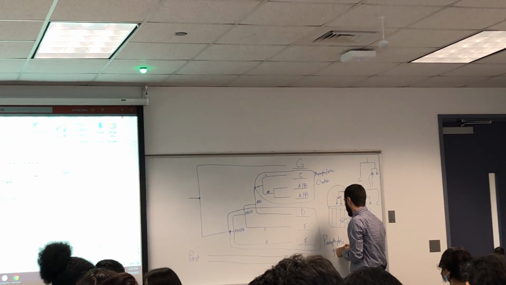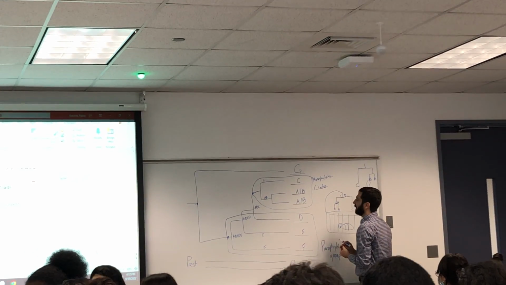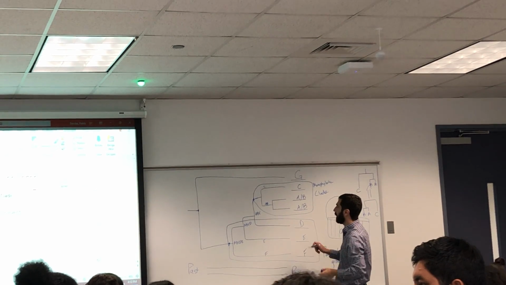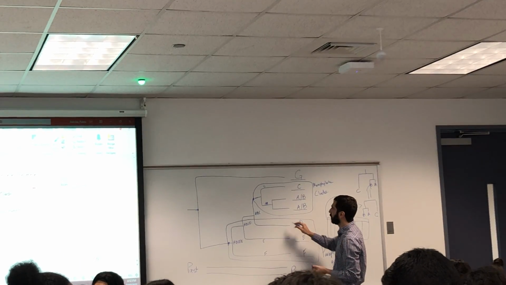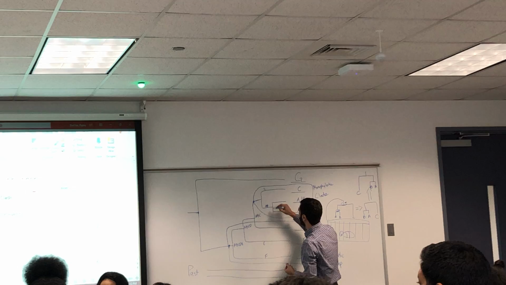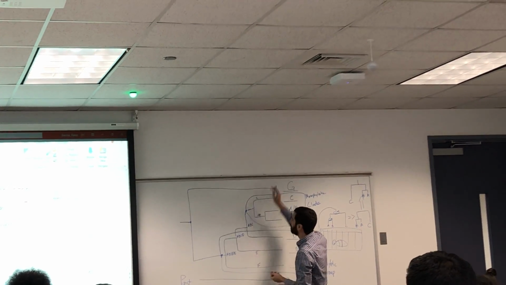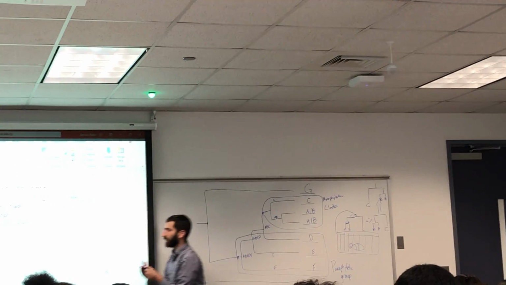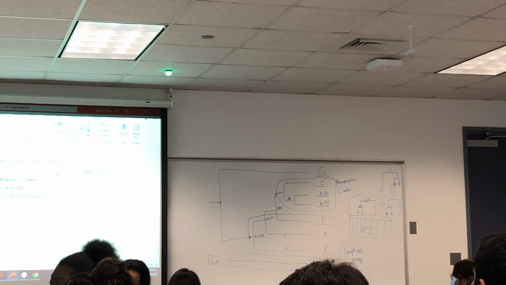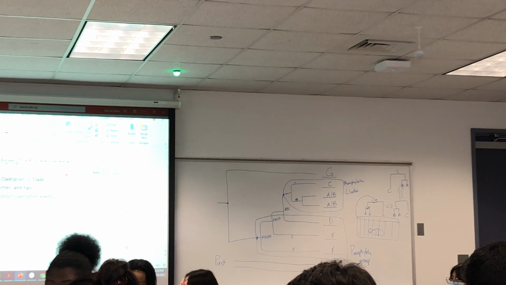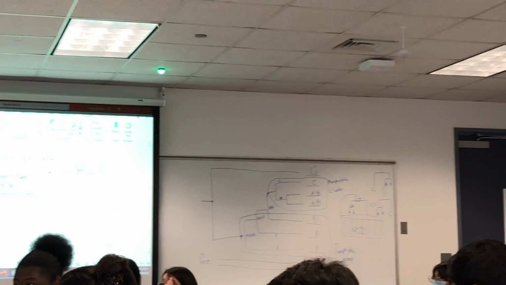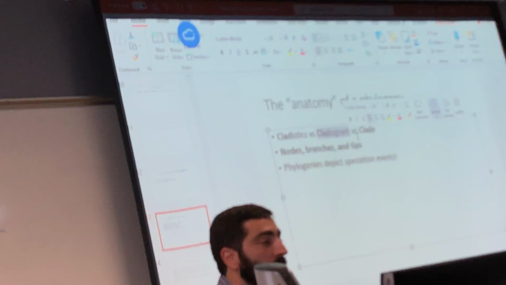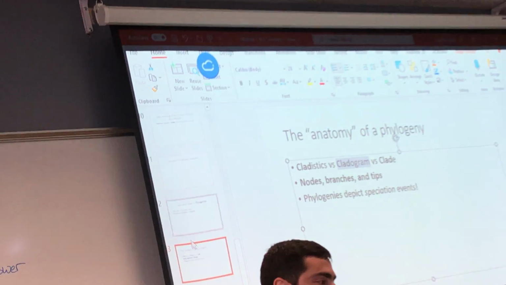Probably wouldn't be called its own clade. And then lastly, polyphyletic groups would be where we just pick and choose, so if we took species A and B, just picking randomly along that tree. So monophyletic groups are clades. You find a clade within a cladogram, which is made via cladistics.